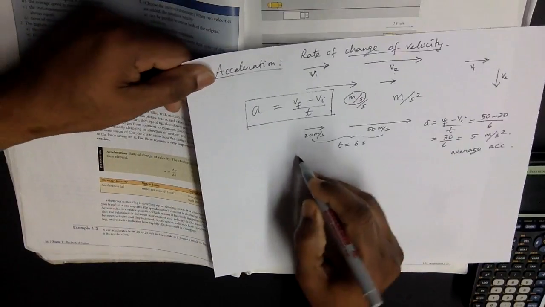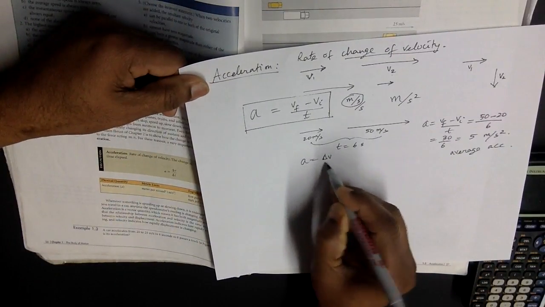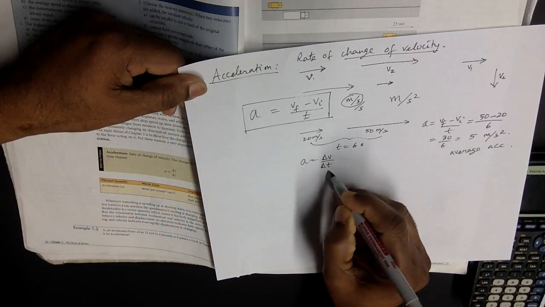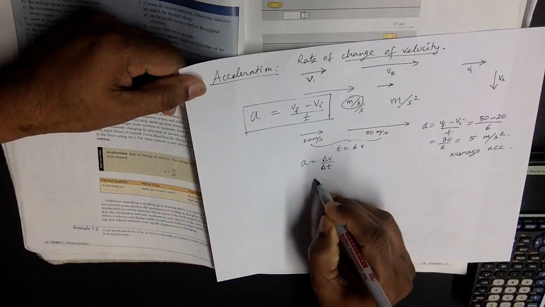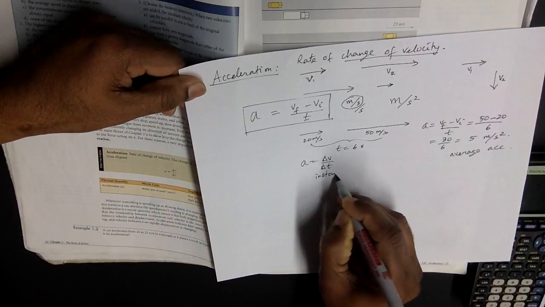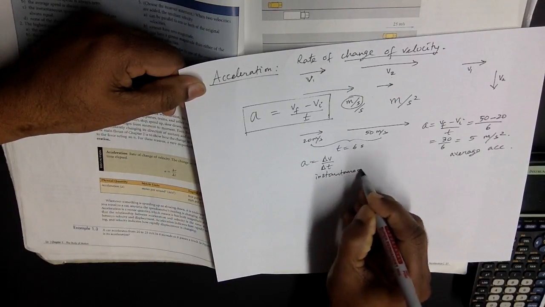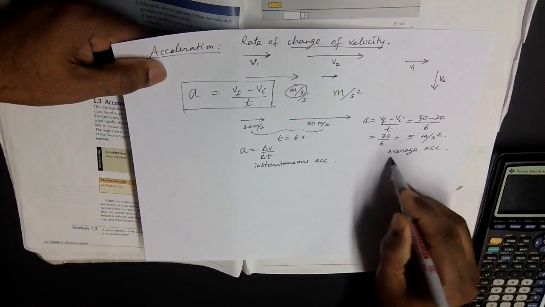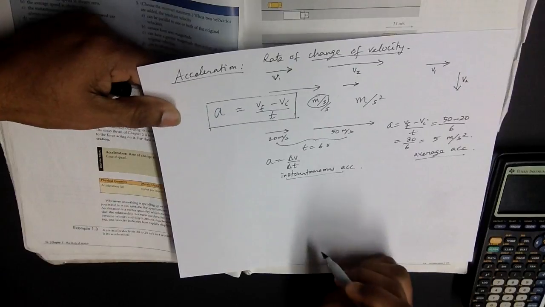On the other hand, if you take acceleration as delta v over delta t, a small change in velocity over a small period of time, that gives you the instantaneous acceleration. So there's a difference between average acceleration and instantaneous acceleration.